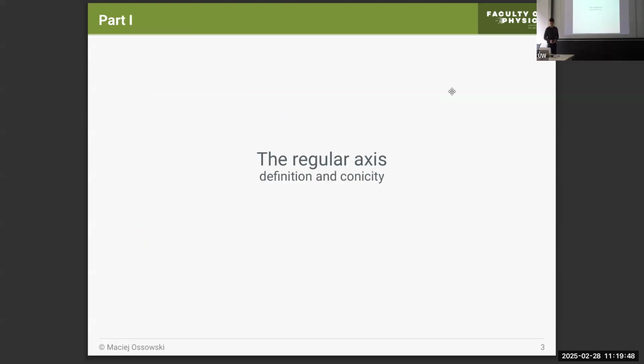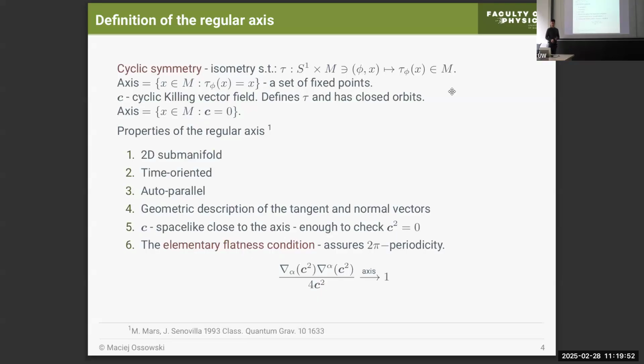So what is the regular axis? To get the regular axis of rotation, or of some rotational symmetry, we probably first need to define what is a cyclic symmetry. This is the standard notion that the cyclic symmetry is an isometry of a spacetime, such that this is an action of a circle, which is a Lie group, on the spacetime manifold.